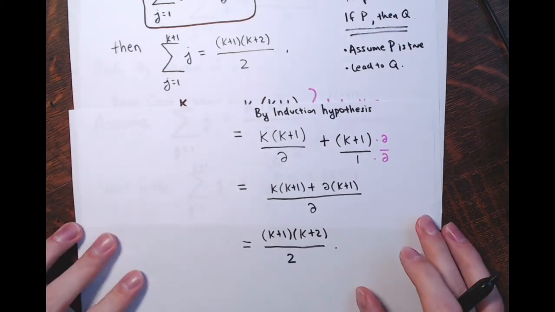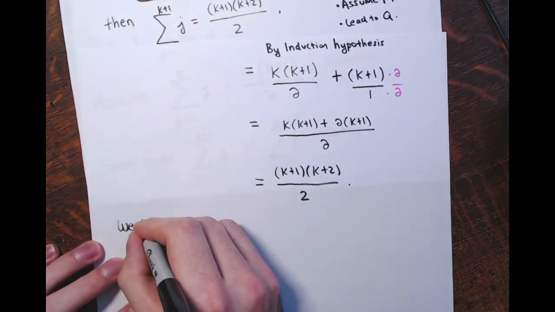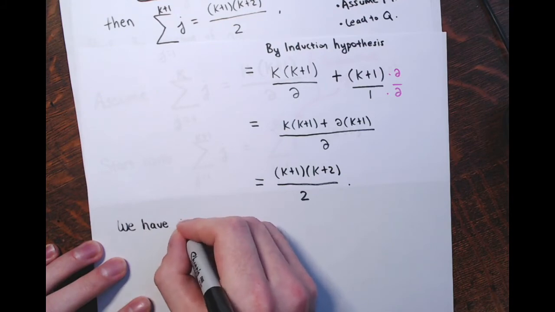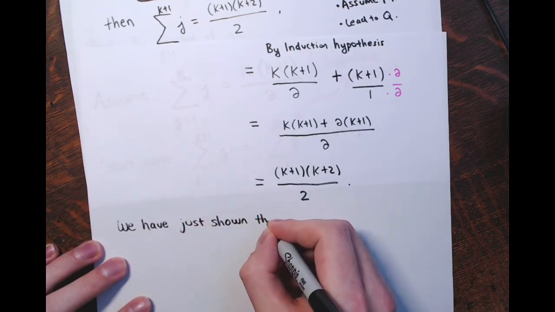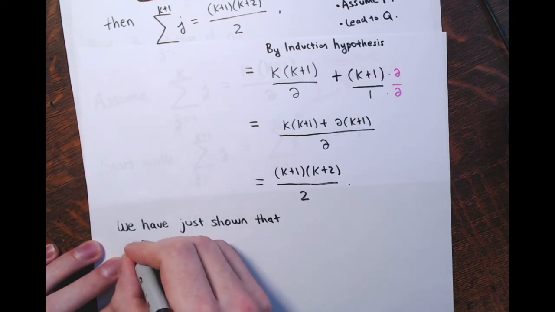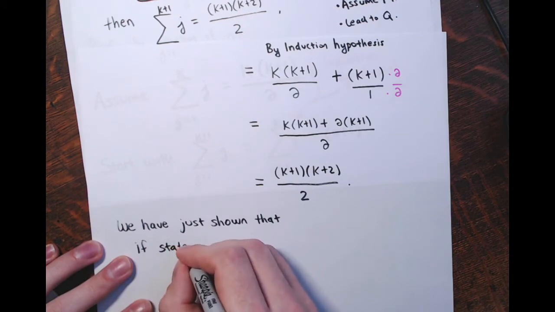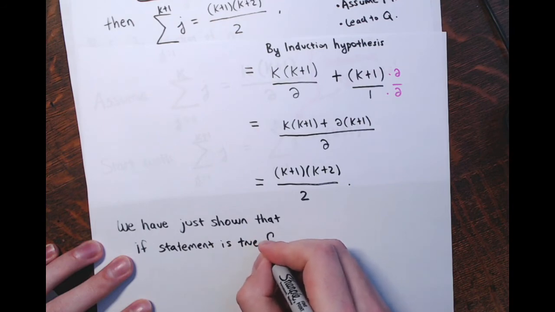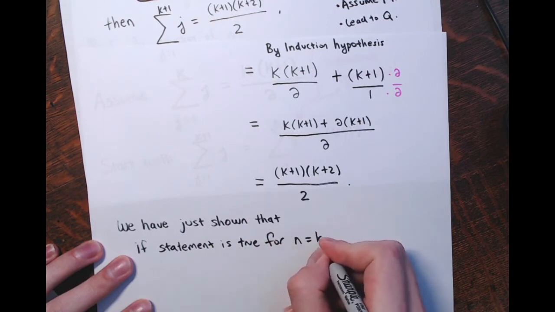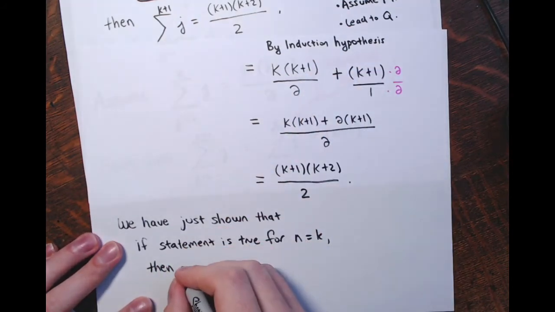So we have just shown, and I'll write it in words, that if the statement is true for n equals k, then it is also true for n equals k plus 1.